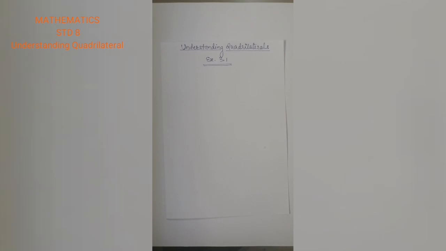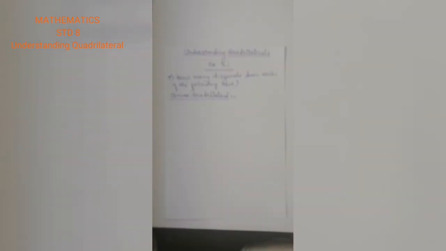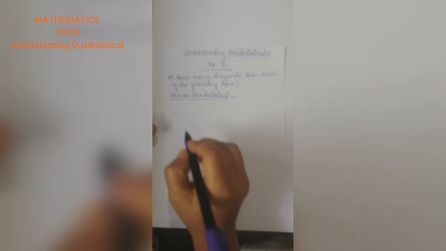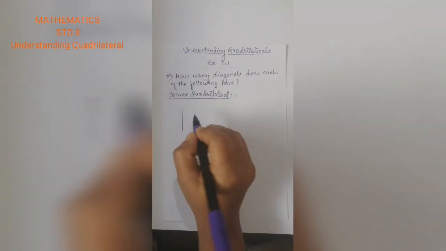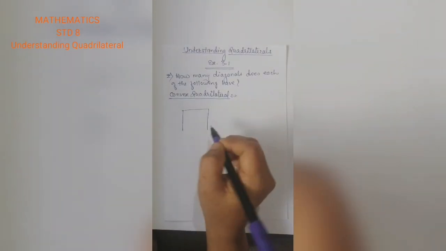How many diagonals does each of the following have? Here we are going to find out the number of diagonals. We start with the first one, the convex quadrilateral. A convex quadrilateral means your usual quadrilateral, the four-sided polygon.